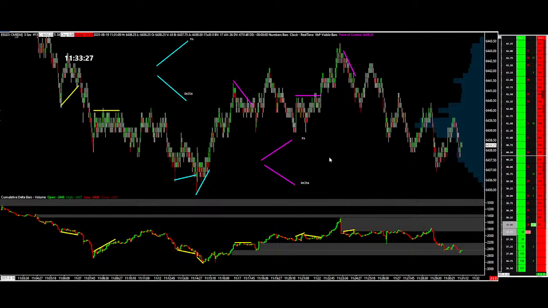How is that? The sell orders are hitting the market, but the buyers are eating those orders. They may not be reloading here, actually. What this is telling us is they're spoofing.